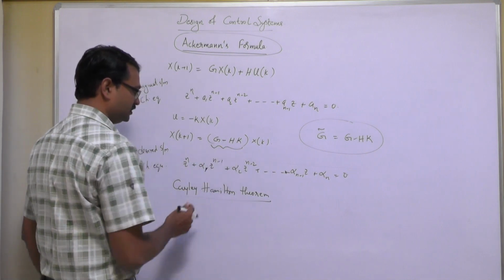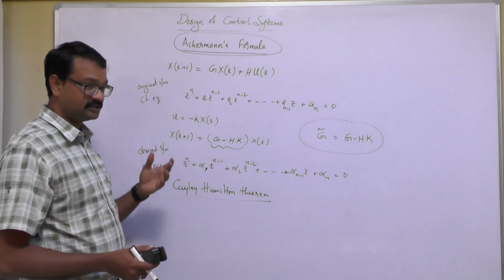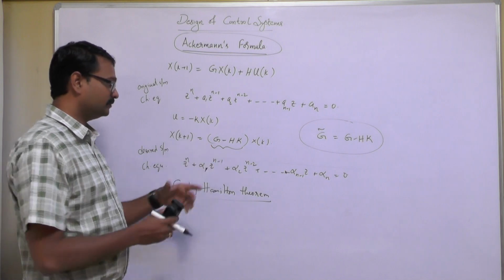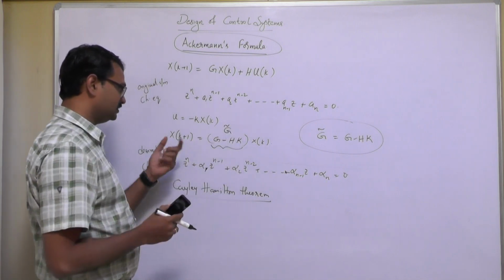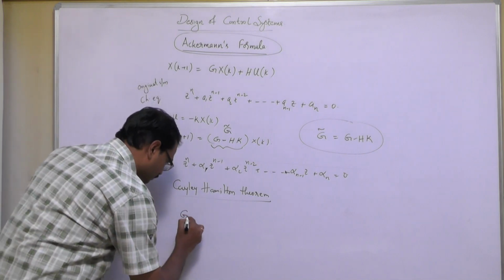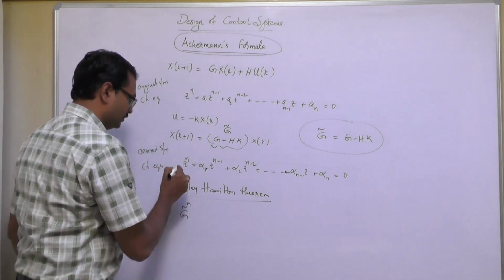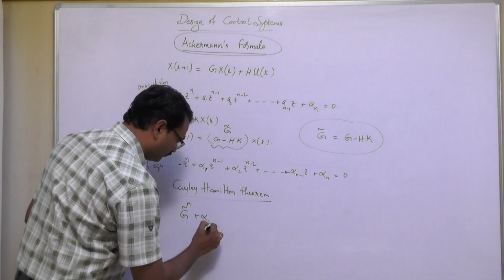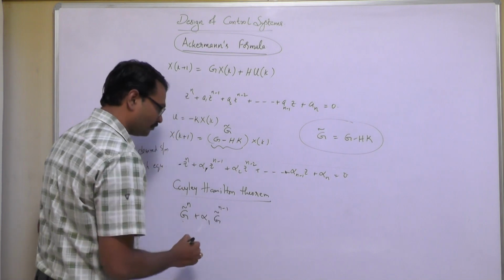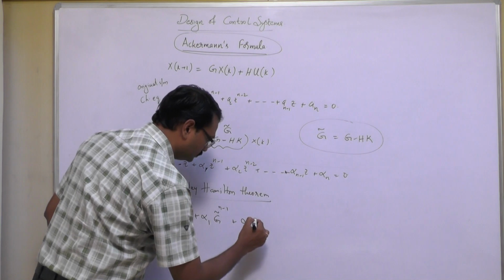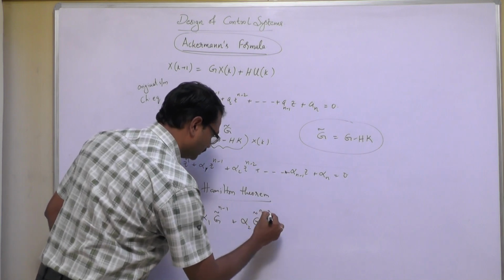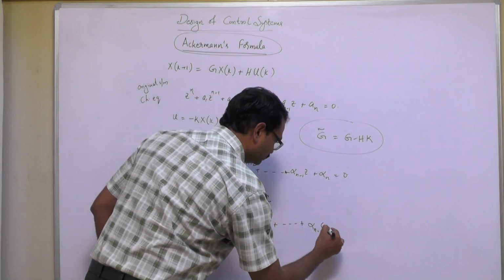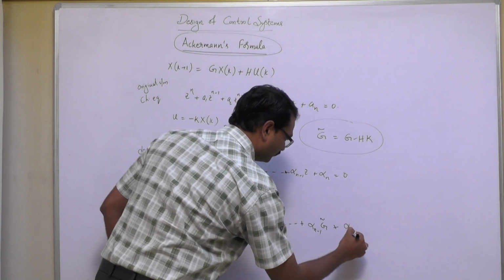The Cayley-Hamilton theorem states that a matrix will satisfy its own characteristic equation. Now this is the characteristic equation for this system. Therefore, this is G bar for us, and G bar can be replaced here. Instead of z, we replace G bar: G bar power n plus alpha 1 G bar power n minus 1 plus alpha 2 G bar power n minus 2 plus so on plus alpha n minus 1 G bar plus alpha n.